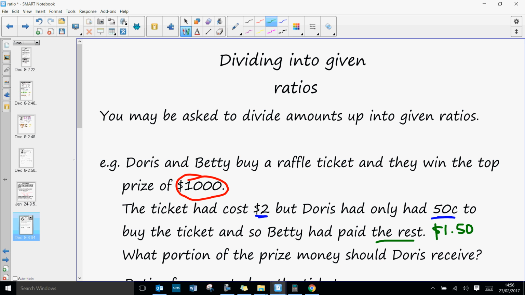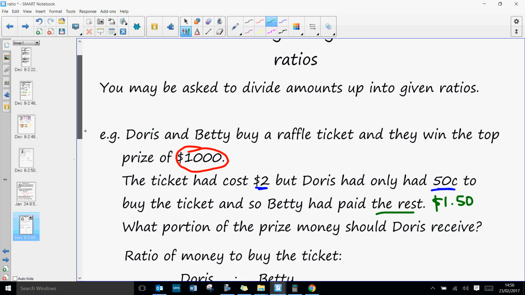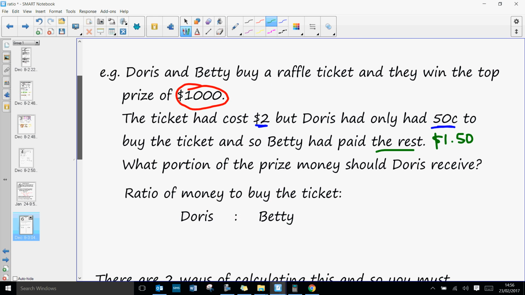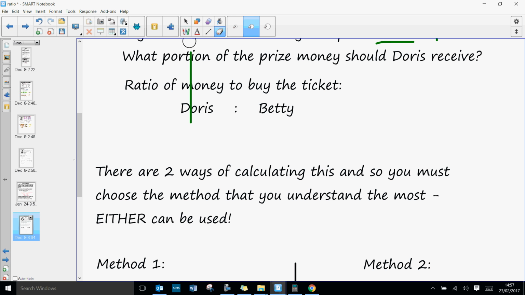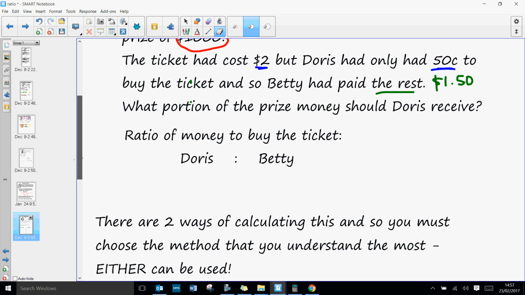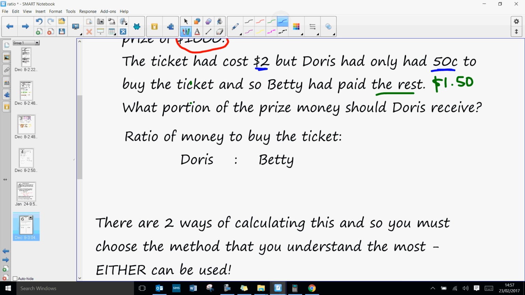What portion of the prize money should Doris receive? If Doris and Betty paid different amounts initially, it's only fair that they should have received different amounts of the prize. So let's double check our ratios. Doris put in 50 cents and Betty put in 150 cents.